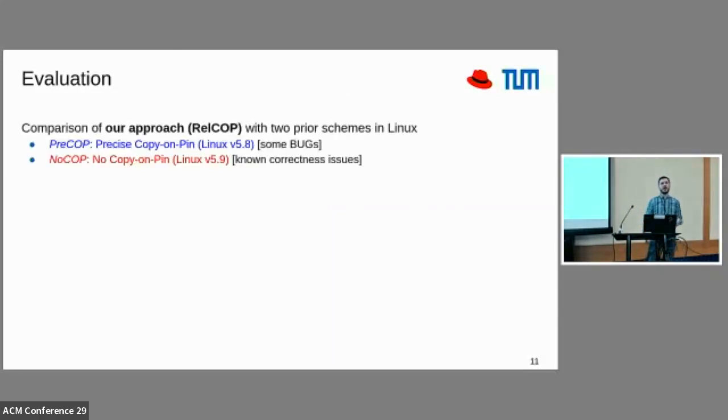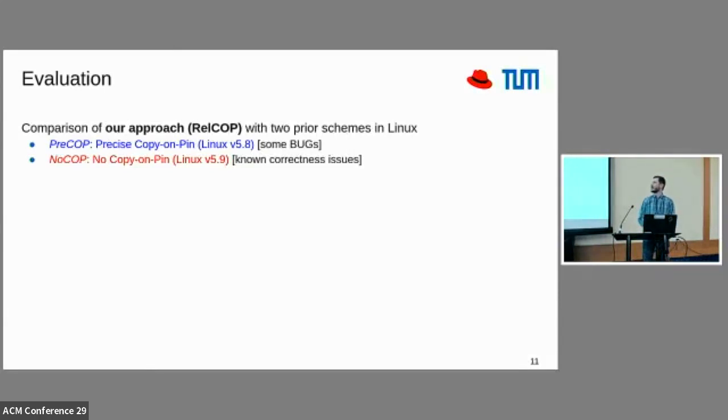Now, we implemented our design in Linux, and we evaluated it, of course. I don't have time to go too much into the evaluation here; I'm only going to share one experiment and one result. But in general, we compared our approach with the two prior schemes of handling copy on write and page pinning in Linux. On the one hand, the approach that was used until Linux 5.8, which implemented some kind of precise copy on pin, where you precisely want to identify if a page is shared or not.